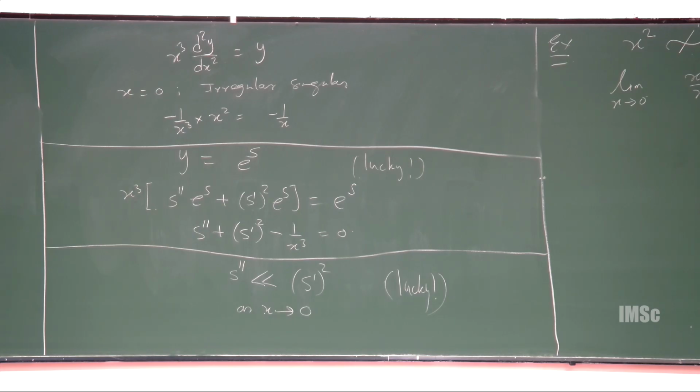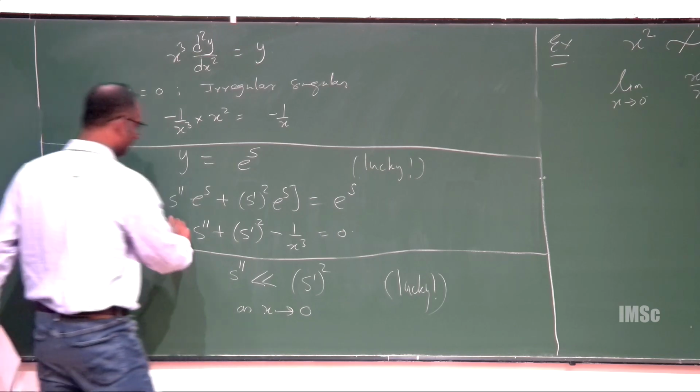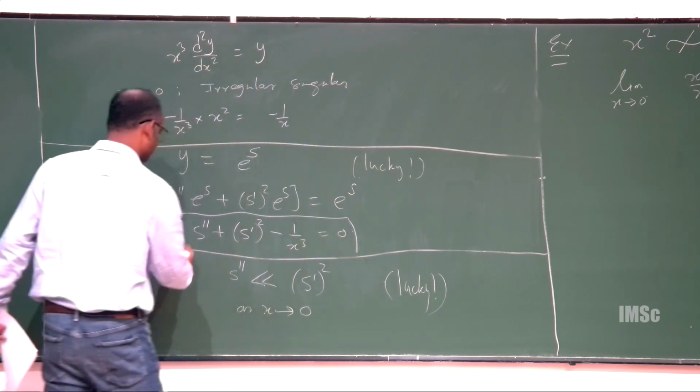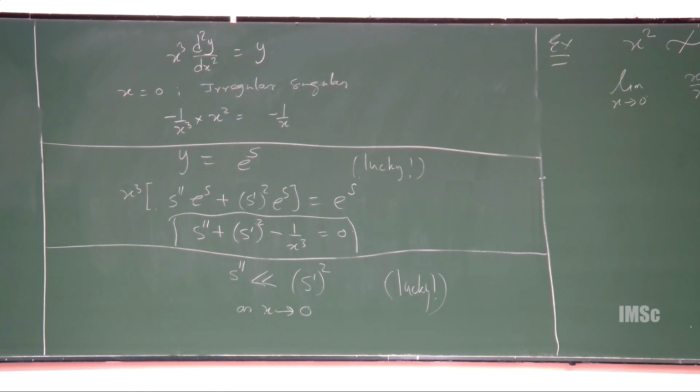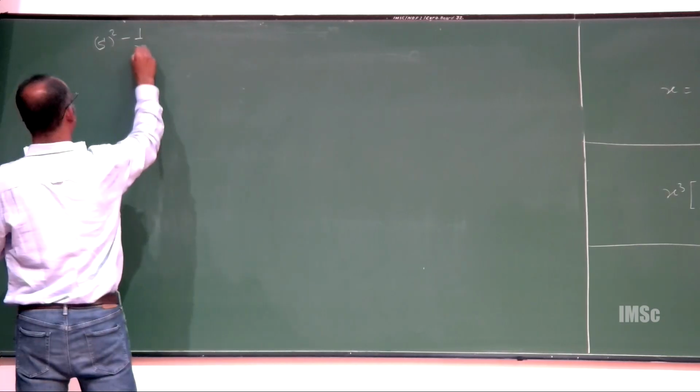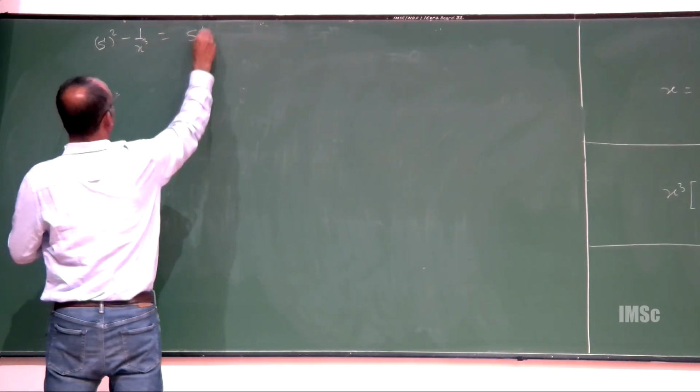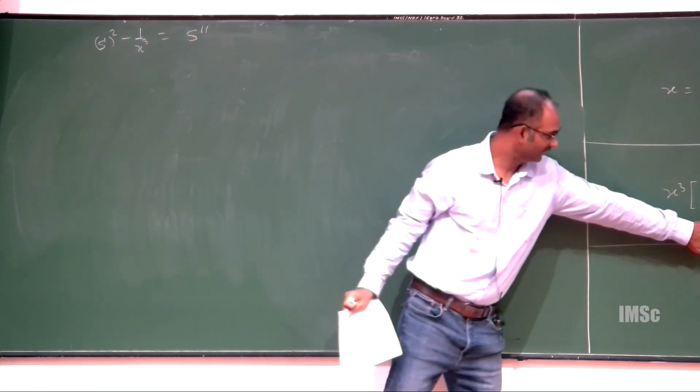So if that condition is true, let's look at this differential equation. Now we have to work only with s. I can write s prime square minus 1 over x cube is equal to s double prime. Okay, that's this relation, this equation.